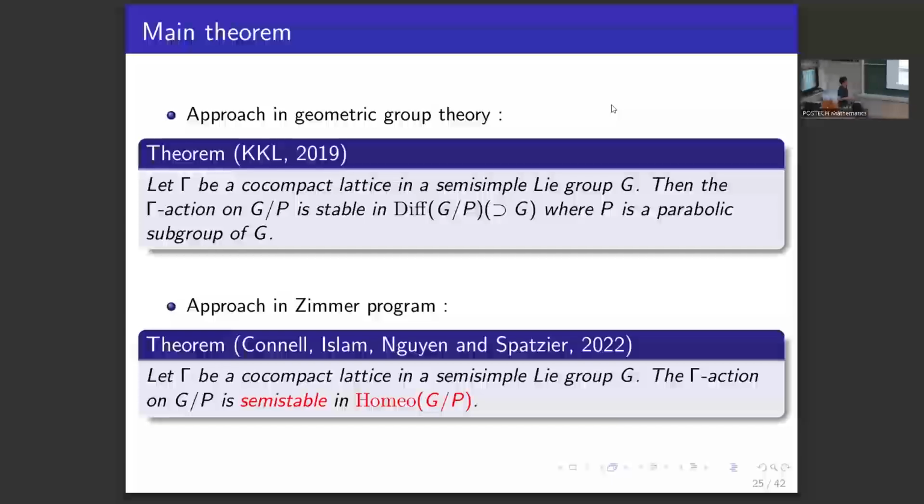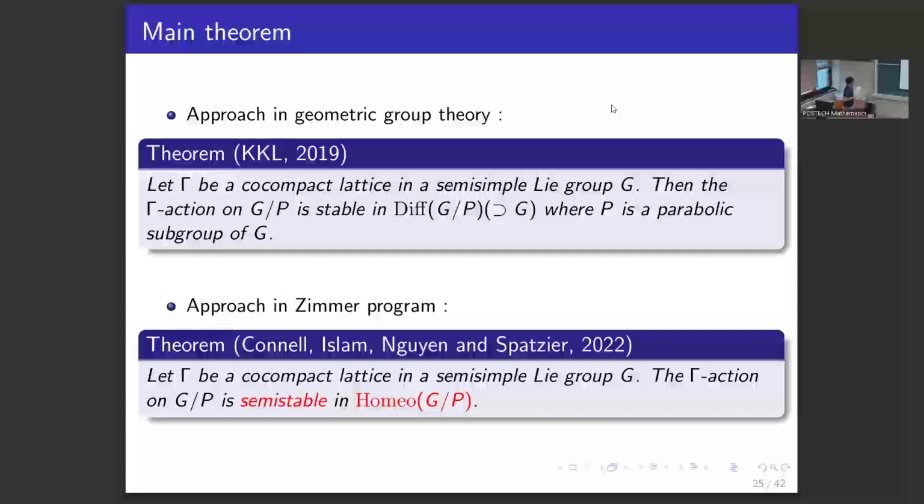By using their technique in the G/P program, they switch the diffeomorphism group to the homeomorphism group. But if you embed into the larger group, the homeomorphism group, then this action is semi-stable. Okay? It is not stable. So actually, it is almost stable.